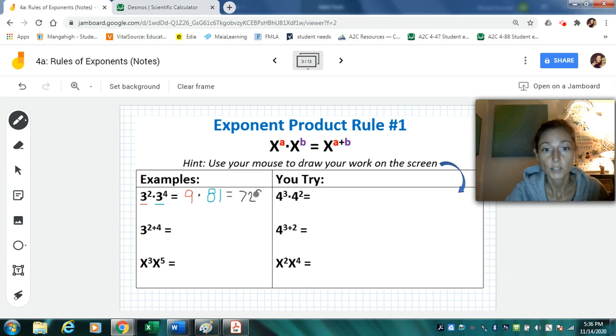Now, the shortcut here, and there's going to be a lot of shortcuts, that's why I like this unit, lots of shortcuts, is we can actually just add those exponents together. And we'll see why in just a moment. So if I do 3 to the 2 plus 4, 2 plus 4, that makes 6. So if I do 3 to the 6th power, I should get the same thing.